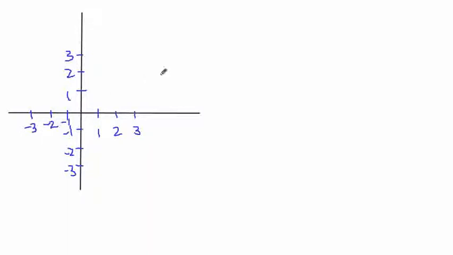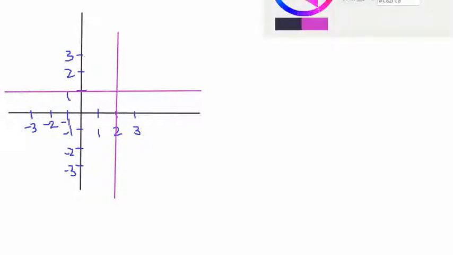Okay, so suppose that I had a vertical asymptote at x equal to 2, a horizontal asymptote at y equal to 1, and maybe the graph was looking something like this red line.